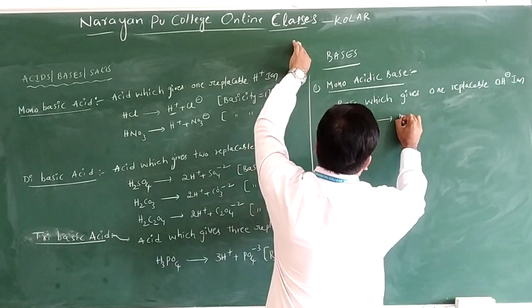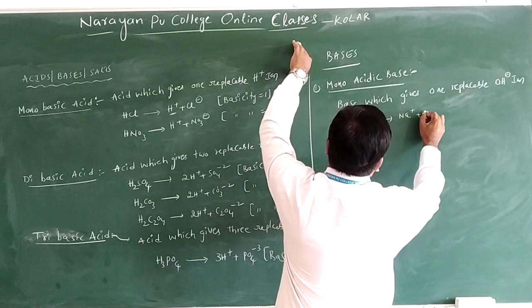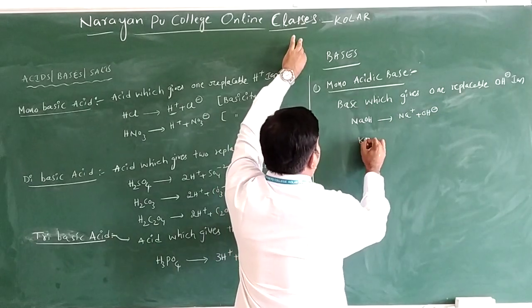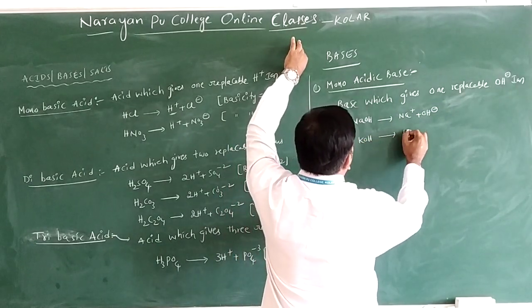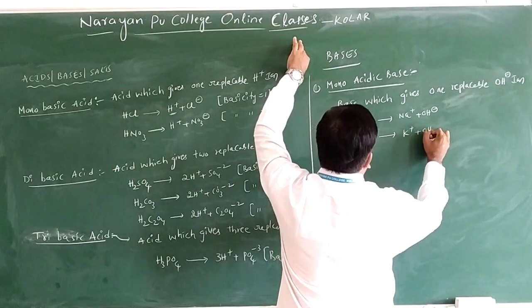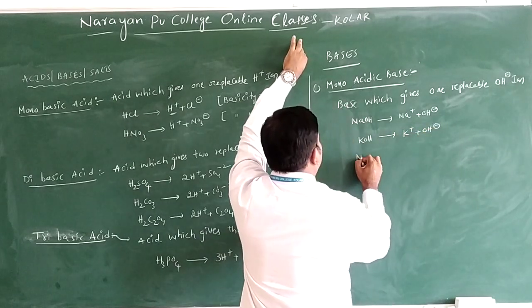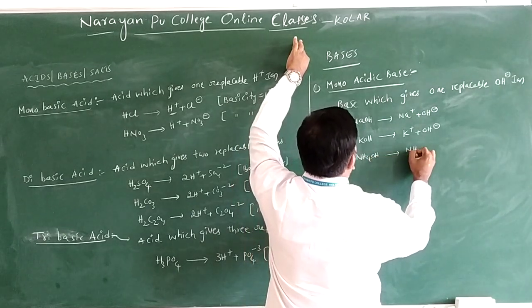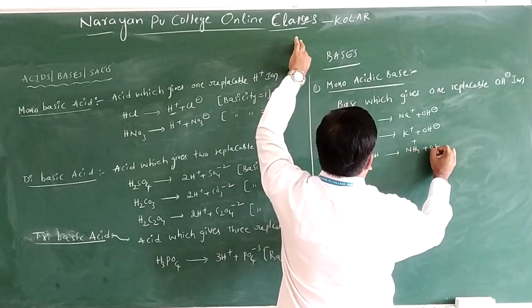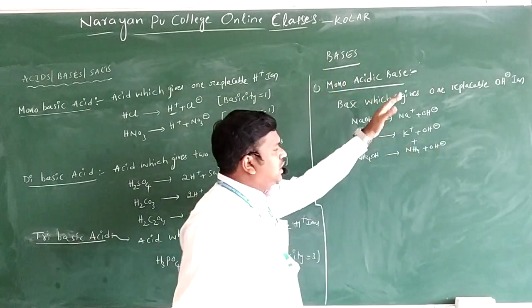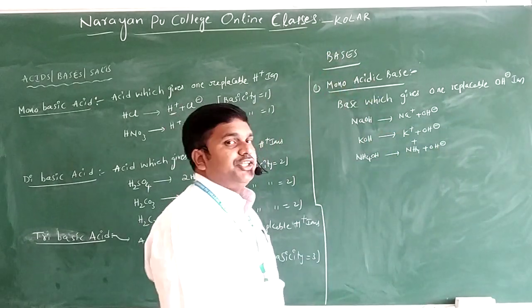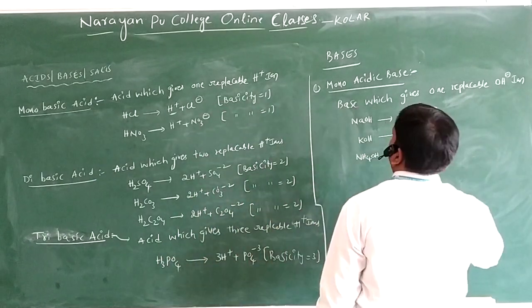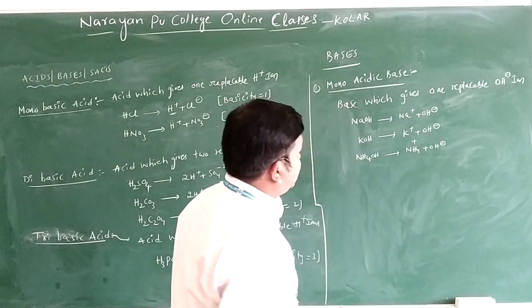NaOH dissociates to give Na plus and OH minus. If you take KOH, it dissociates to give K plus and OH minus. If you take NH4OH, it dissociates into NH4 plus and OH minus ions. In all these compounds, how many OH minus ions are replaced? That is 1. So these are examples of monoacidic bases.